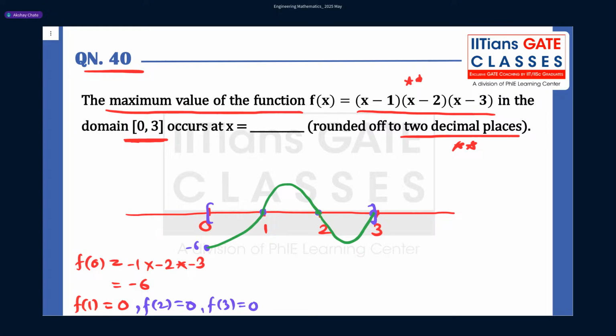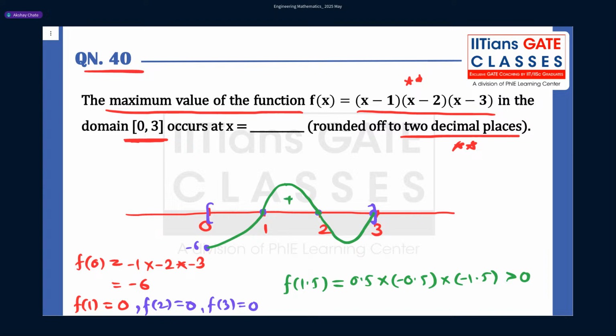If you are not convinced, you can just do one check also. What you can do is calculate f of 1.5, which is between 1 and 2, right? So if you do that, what do you get? 0.5 into minus 0.5 into minus 1.5, right? So this value is positive, no? This value is greater than 0. So I don't care about the exact value because that's none of my concern.